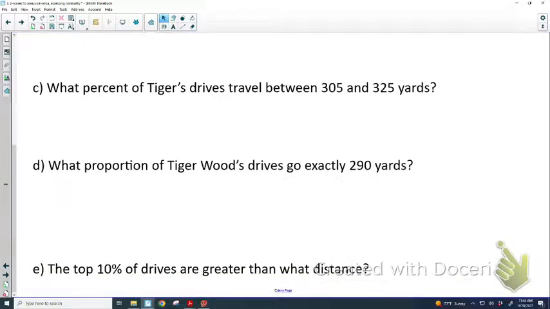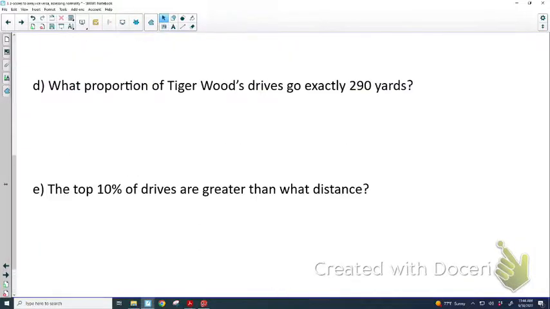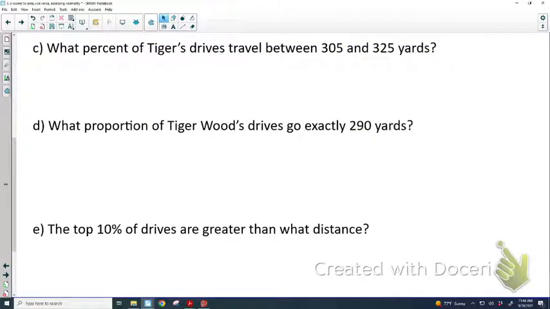What percent of Tiger's drives travel between 305 and 325? Write it in the form of a question. Actually, I'm going to scroll down a little bit. Like in proportion notation, 305 to 325. Then I need to see two z-scores.